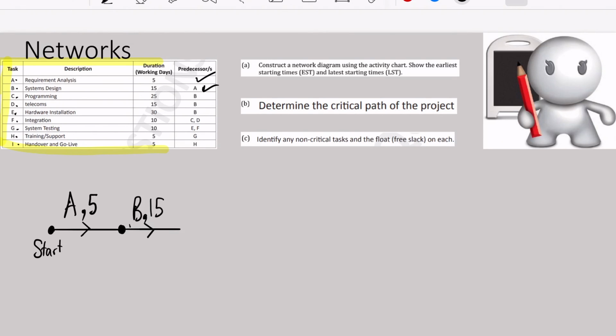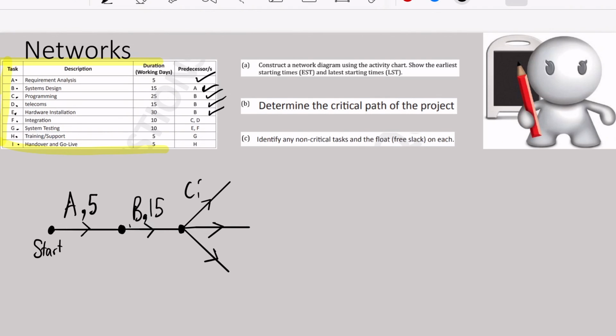Now, have a look at this. Activities C, D, and E flow out of activity B. So now, when I finish activity B, I can actually start either activity C, activity D, or activity E. So C, how long is C?